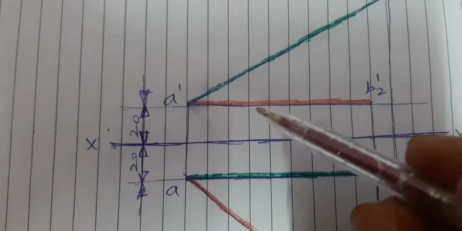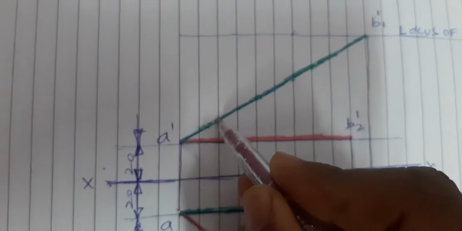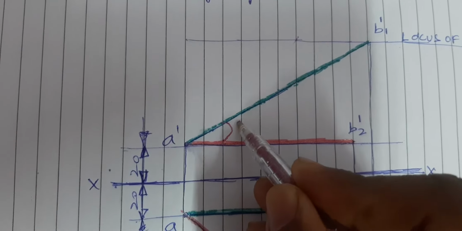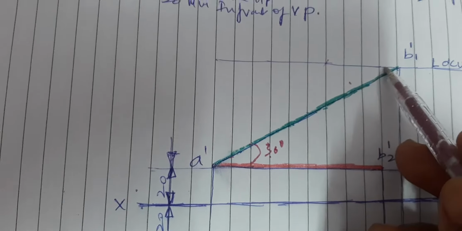Okay, now concentrate on the first assumption as it is inclined to HP with 30 and parallel to VP. So first put one point on this thin line and now draw the line with 30 degrees inclination of 80 mm length.